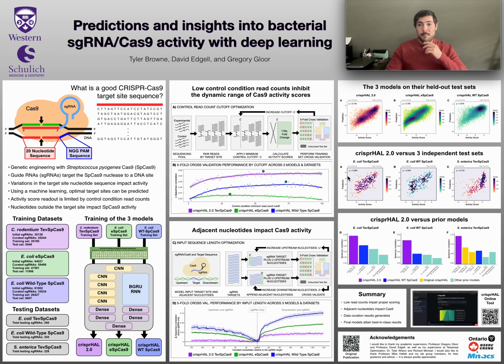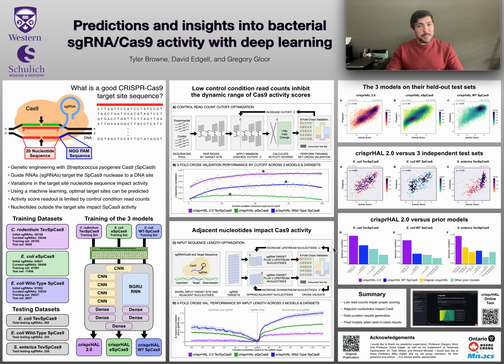This is using these three independent test sets that use an enrichment metric. They're in E. coli rather than Citrobacter rodentium. Something nice to see is that the model does perform well here with upwards of 0.6 Spearman correlation on the two E. coli sets, and the Salmonella enterica set being about 0.74, which was awesome.